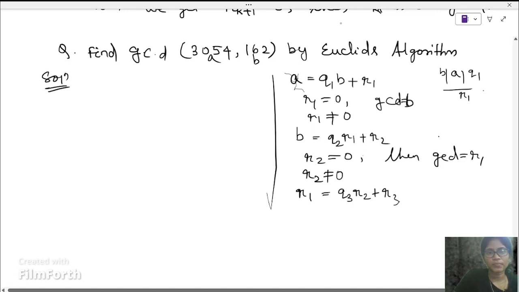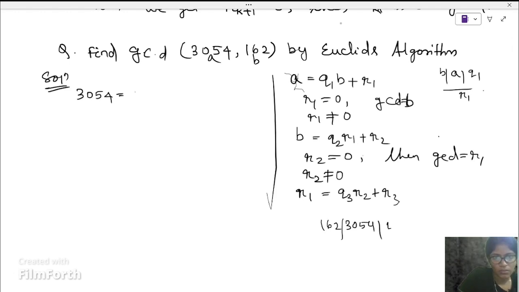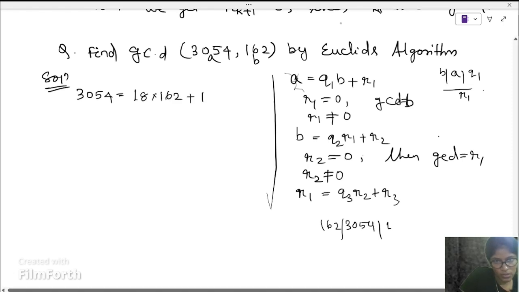Now, write this. Divide 3054 by 162. That implies 3054 is equal to 18 into 162 plus 138. You may check the result.